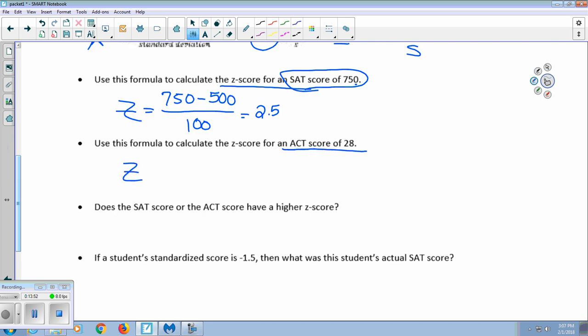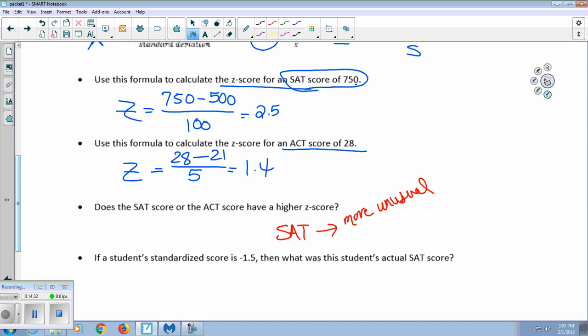So we're going to standardize this by saying, okay, 28, how far away from the mean is it? And divide it by its standard deviation, which was 5. And this comes out to be 1.4. So, which has the higher Z-score? Our SAT had the higher Z-score, and therefore that's more unusual. That's further away from the mean in its distribution.